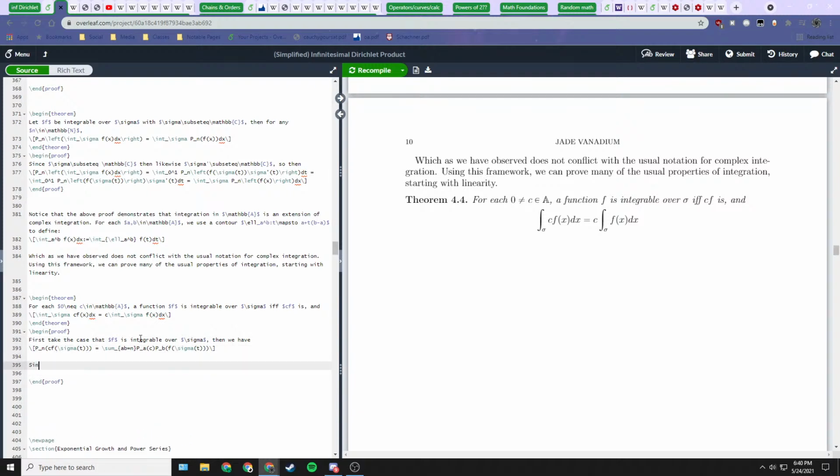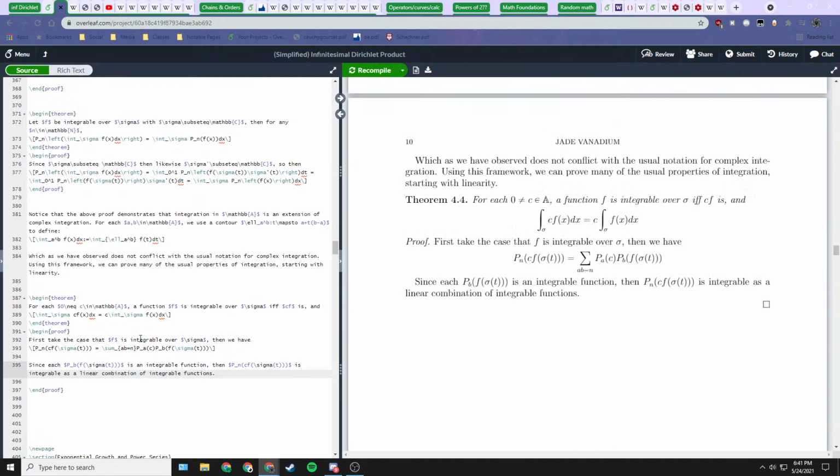And we'll just state, since each P sub B F sigma t is an integrable function, then P sub n of C F sigma t is integrable as a linear combination of integrable functions.